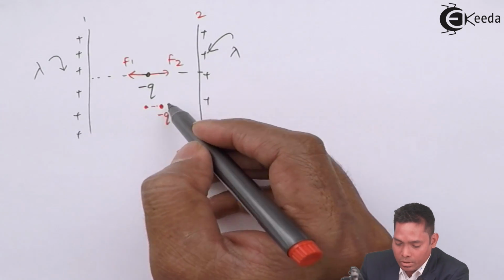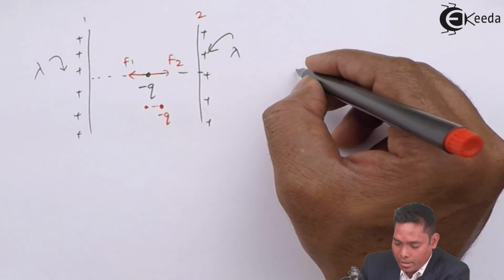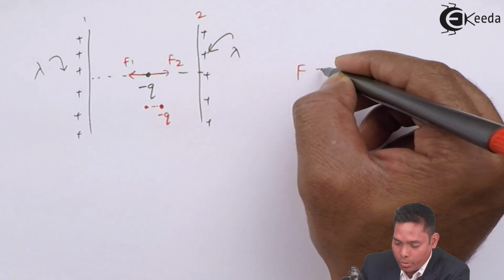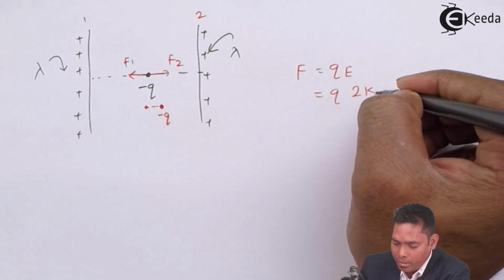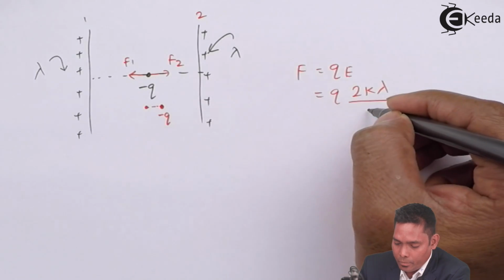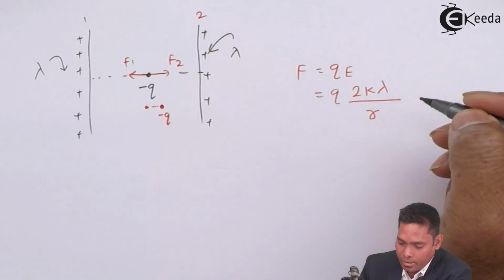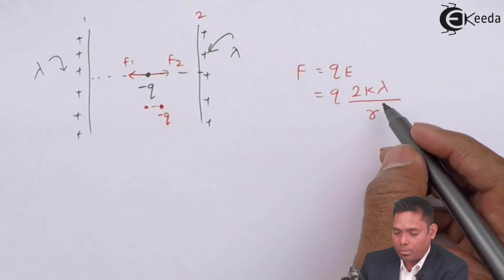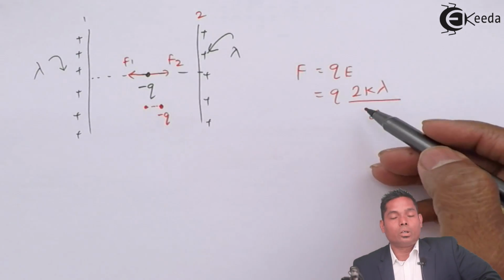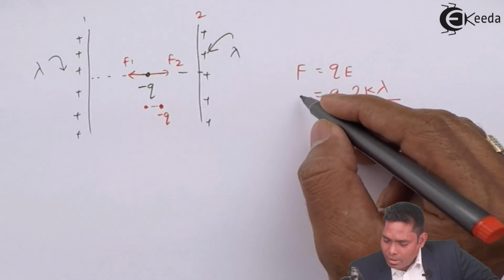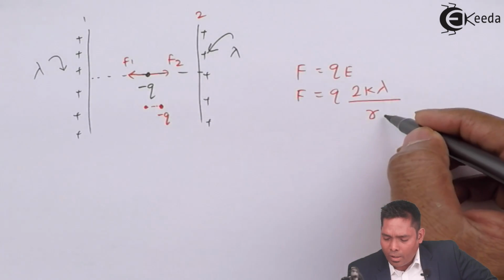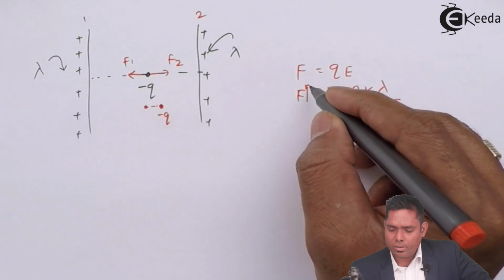Again that force is qE, q into E, that we got as 2kλ divided by the distance r. This is the distance or position of the charge from the conductor. As usual, F is inversely proportional to r. If r decreases, then F will increase.